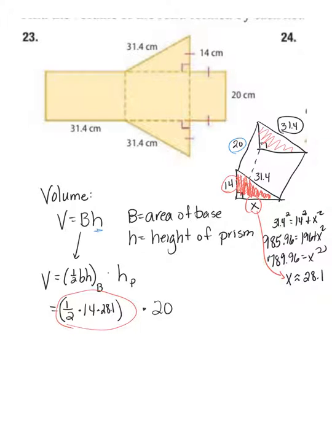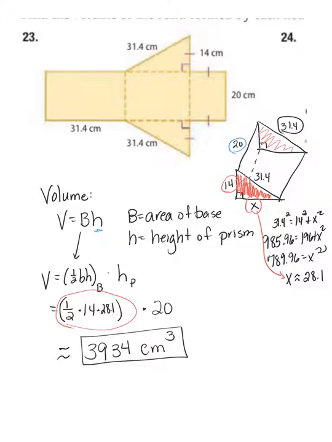So back to my calculator, I'm going to have 0.5 times 14 times 28.1 times 20. And hopefully that will give me the answer that I was looking for, and it does. It's approximately 3,934. And we're looking at volume, so we're looking at cubic centimeters.